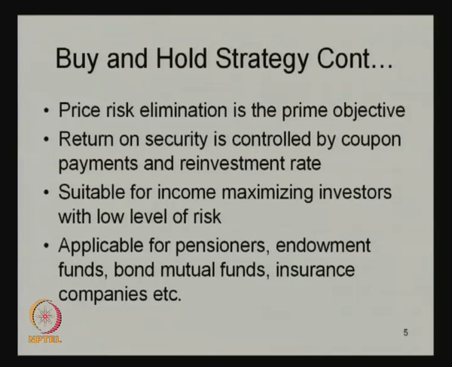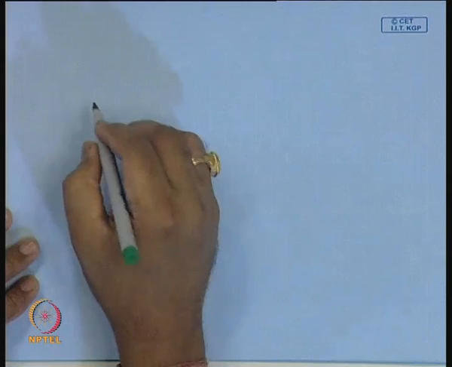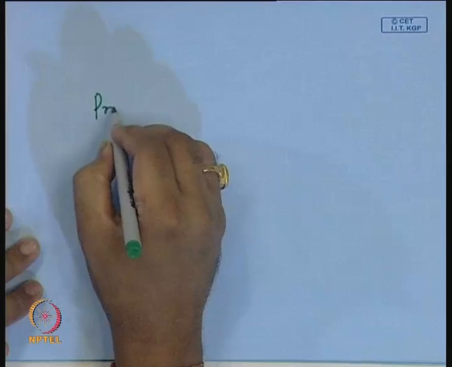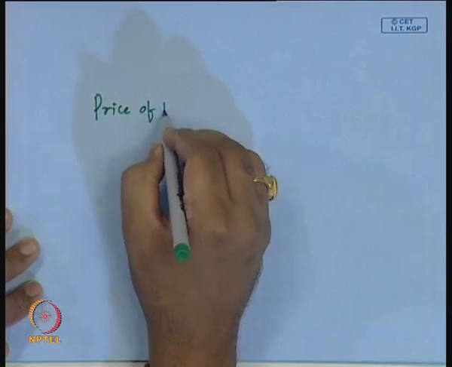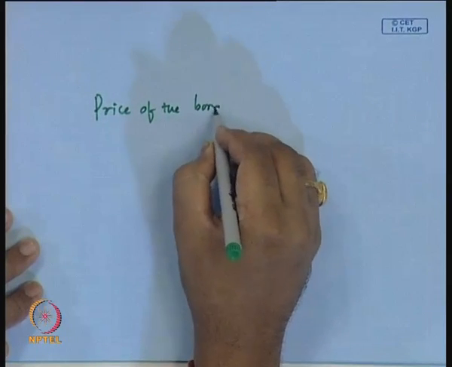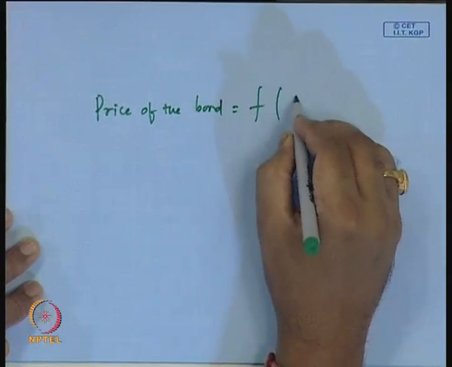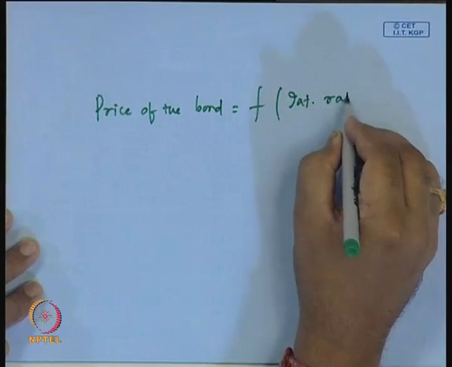Another characteristic of the buy and hold strategy is that the major risk these investors want to eliminate is price risk. What do you mean by price risk? The price or price fluctuation of a bond is determined by the interest rate and other variables.